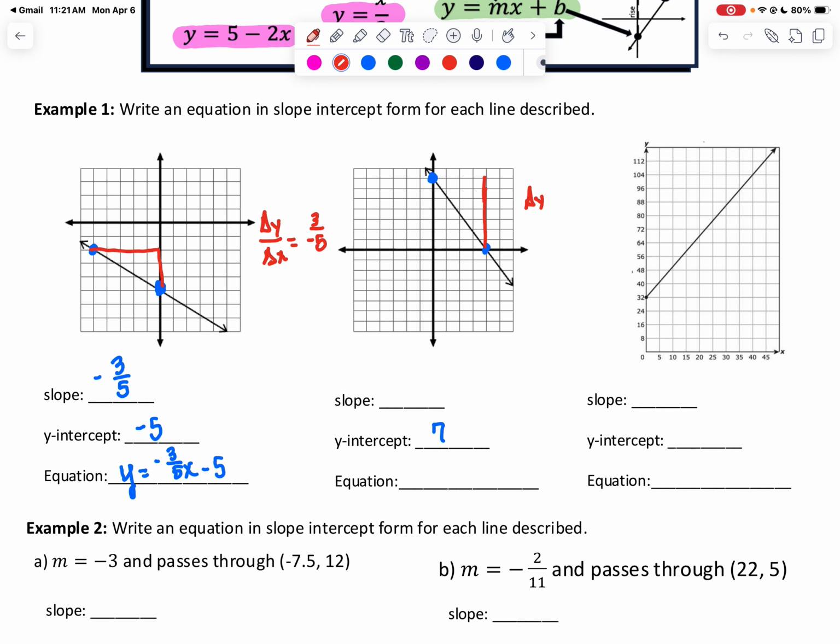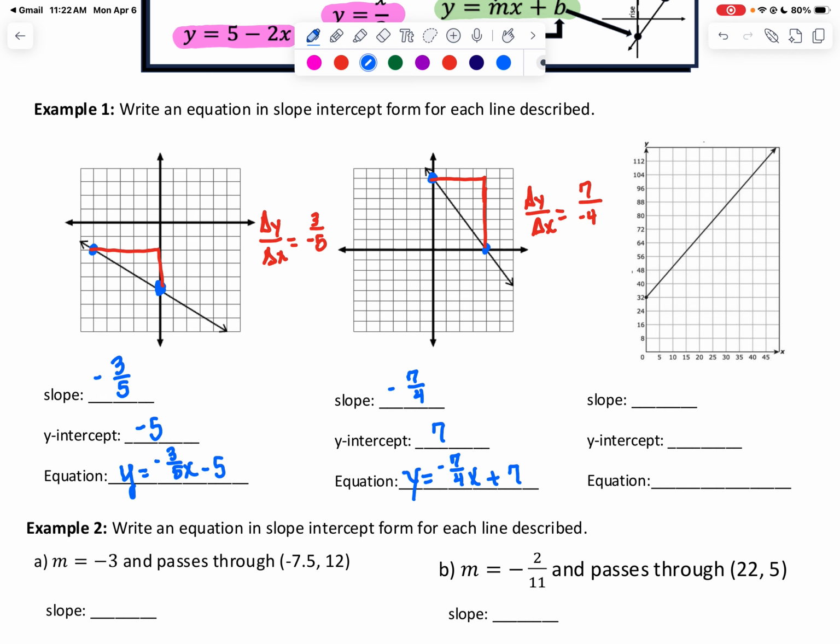So my change in y over my change in x would be 7 over. And then now let's get our change in x. 1, 2, 3, 4. Negative 4. So my slope is negative 7/4. Now put those together and write an equation. Y equals negative 7/4 x plus 7.